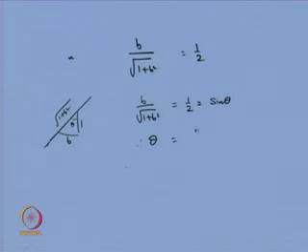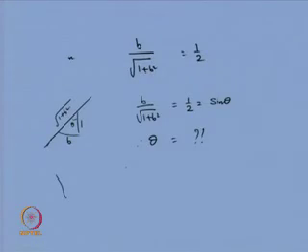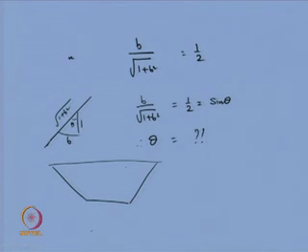Therefore, what is theta? It is quite obvious to you, so I am not going to discuss further. If this is so and so value, it is now quite confirmed that the best trapezoidal section, the hydraulically efficient section, will be half of a hexagon. Thank you.